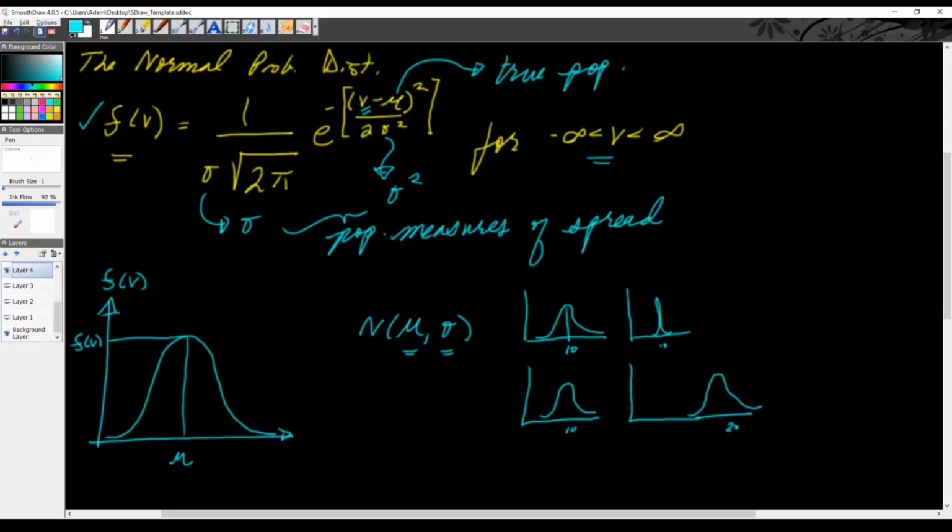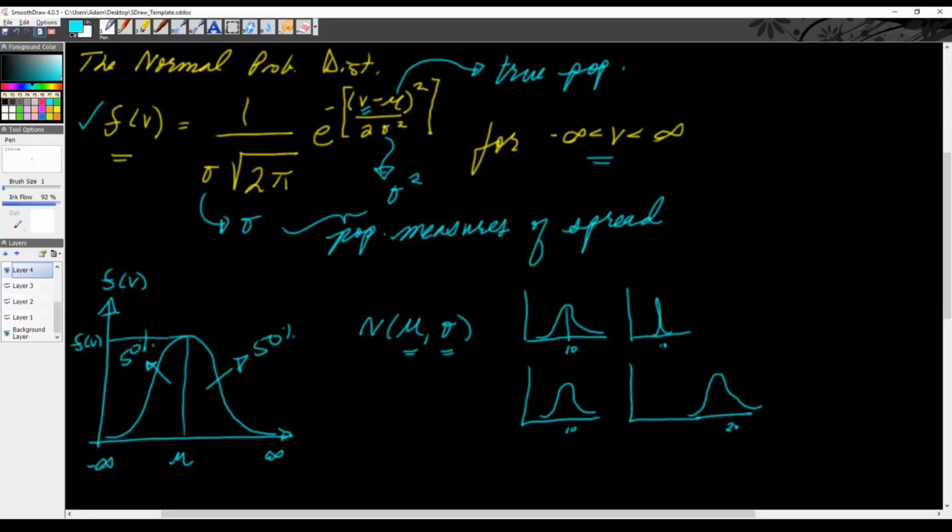Also, the normal curve is symmetrical around the mean. In other words, 50% of the curve is above the mean and 50% of the curve is below the mean. And then finally, the total area under the curve from negative infinity to positive infinity is 1.